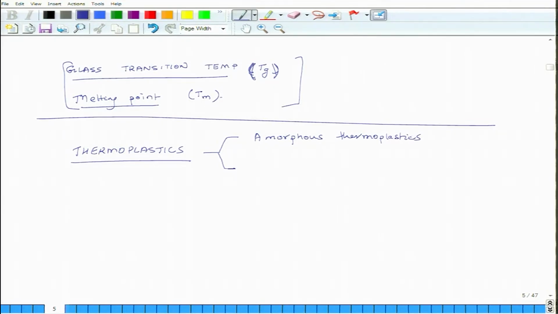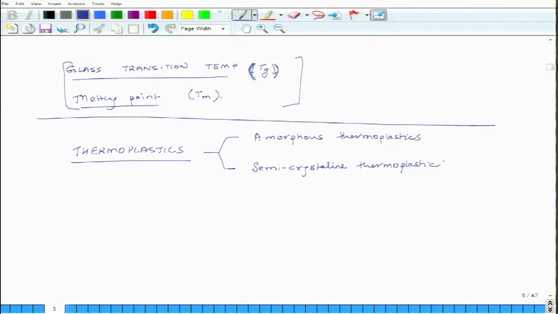And the second one is semi-crystalline thermoplastics. So you have amorphous thermoplastics and semi-crystalline thermoplastics, and you would wonder what is the difference.